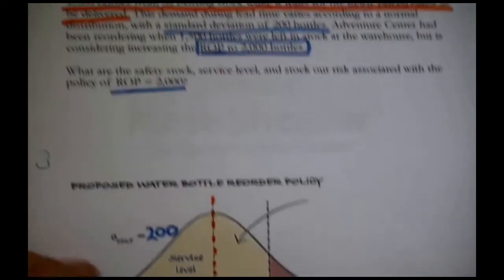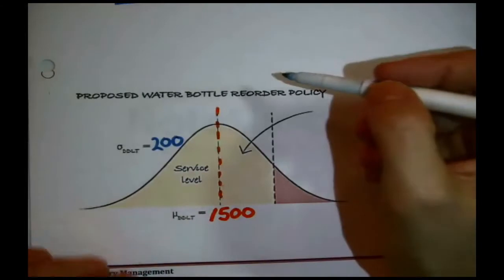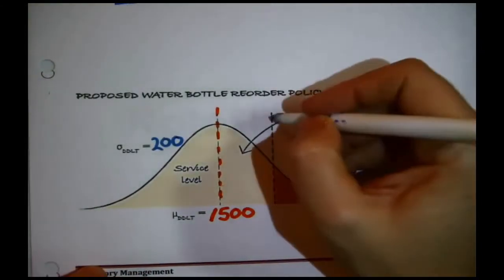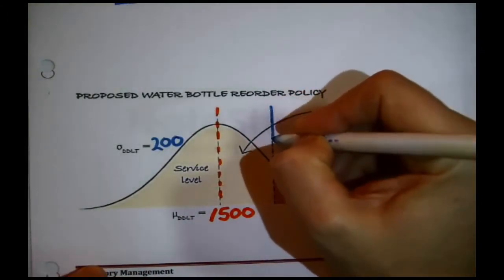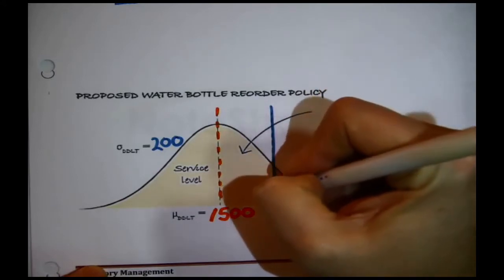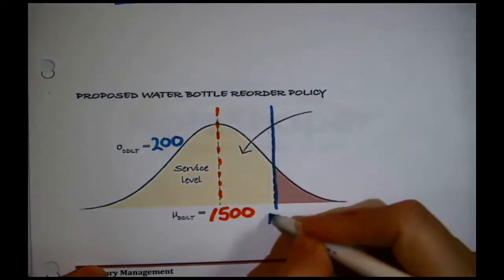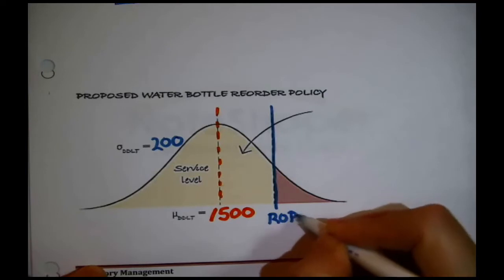Now, as long as I am relating everything that we're finding so far to this drawing, I can continue to do that, because this right here is a good illustration of the proposal.